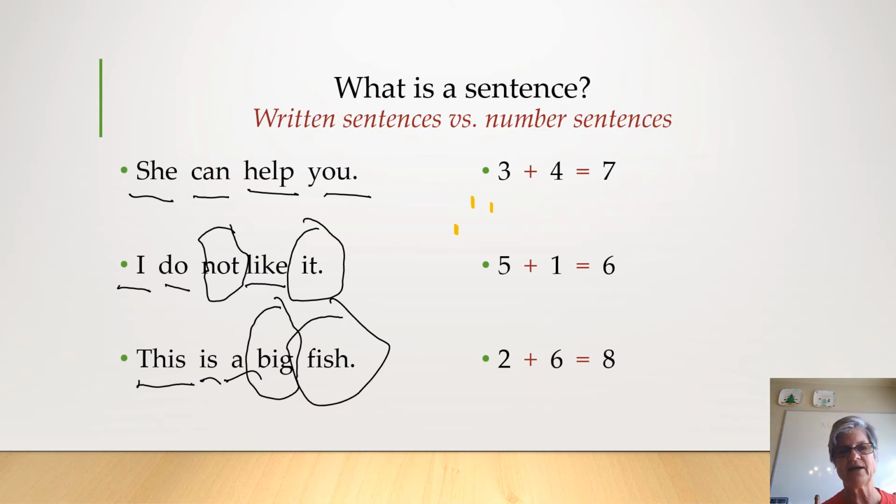It didn't come out red, it came out yellow. I have fat fingers and my drawing board is very small. So I do 3. Now it goes 3 plus. Remember that symbol that looks like a T is called plus, or you could say and. 3 plus 4. So now I'm going to try to take another color.